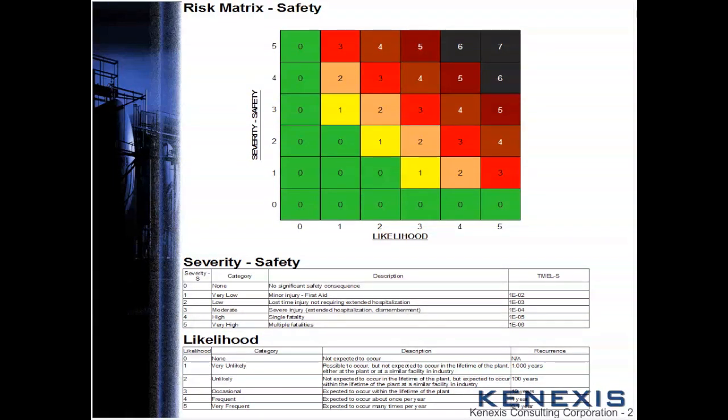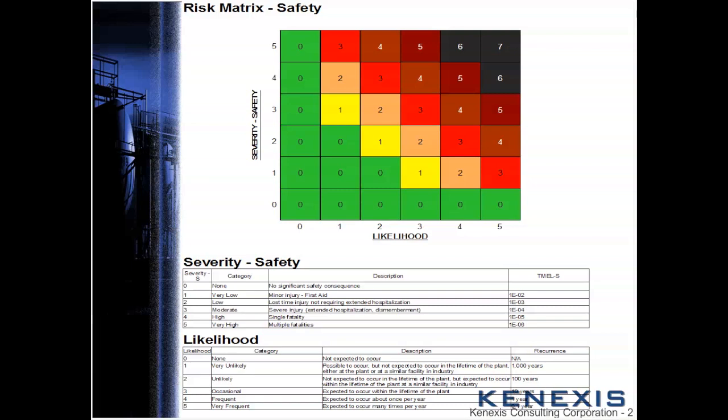So, for instance, if I had a very high consequence that might cause a single fatality, that might be a 4 in terms of severity, and it may happen, not expected, maybe once every 10 years, or would be a high frequency rate. But if you wind up in the severity times the likelihood, if you wind up in the red zone, very bad.